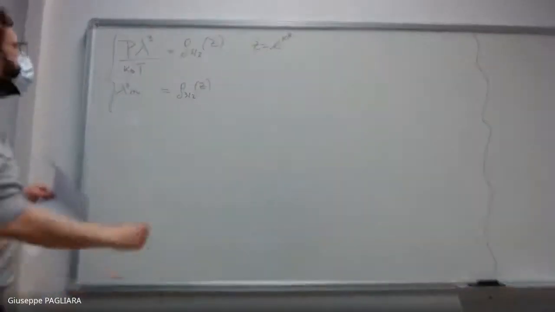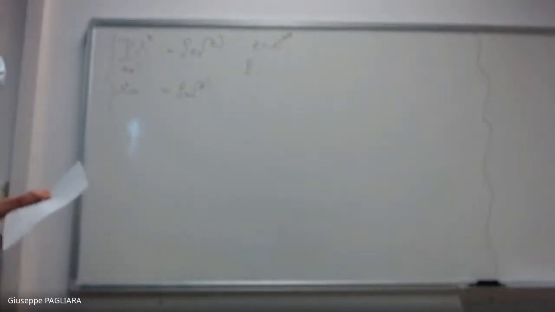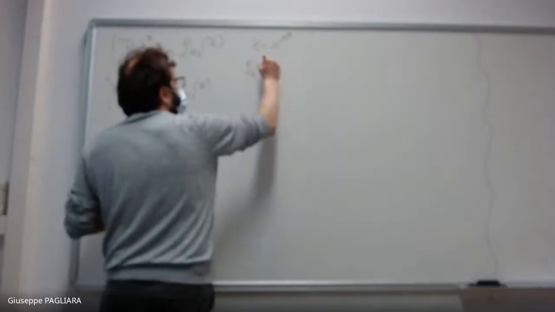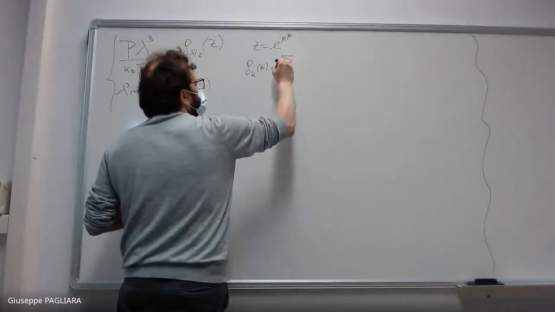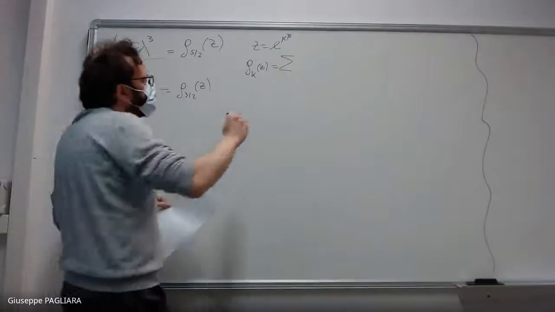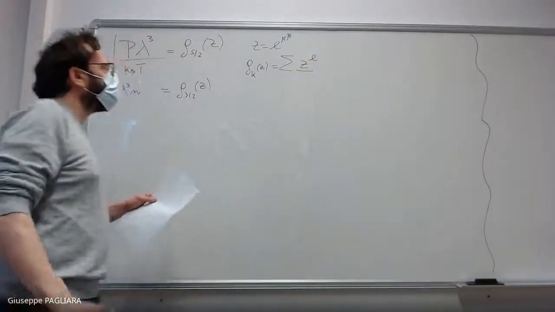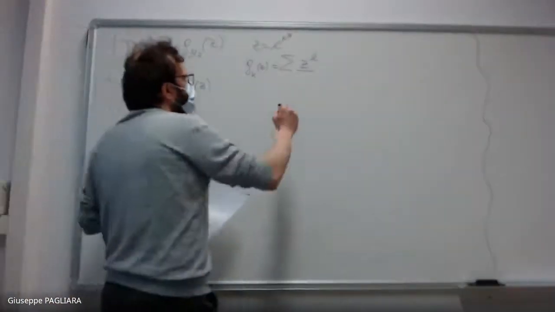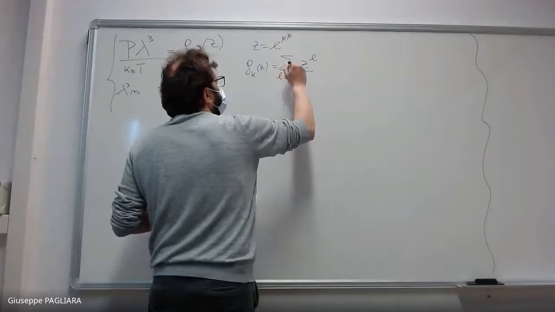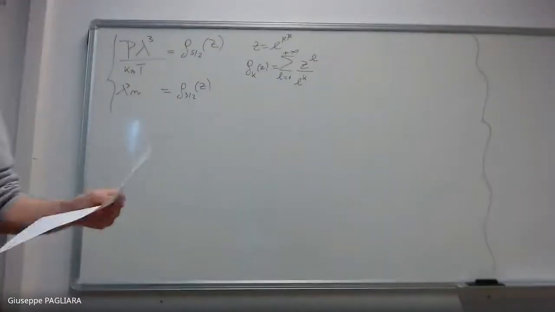This function here is called the Bose function, and g_k(z) is a series done in the following way: the sum of z to the power of l, divided by l to the power of k, where l runs from 1 to infinity.